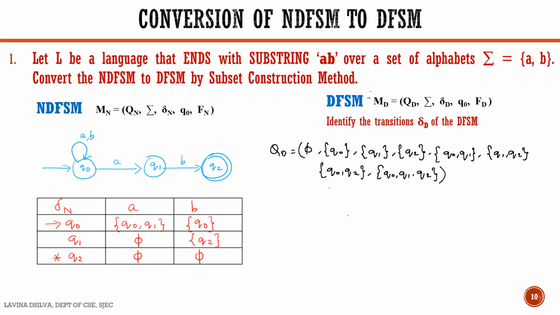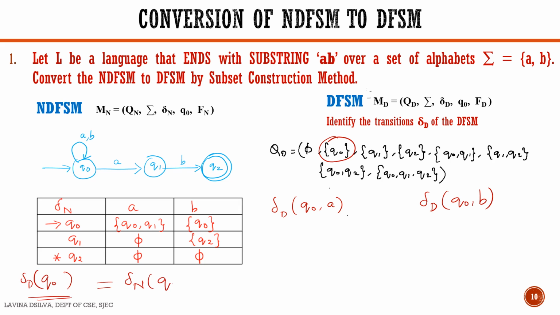The next state for which we can write the transition is this Q0 state. So we have delta D Q0 on seeing an A and delta D Q0 on seeing a B. Now, delta D transitions for Q0 will be the same as delta N transitions for Q0, because the start state for DFSM and NFSM is the same.